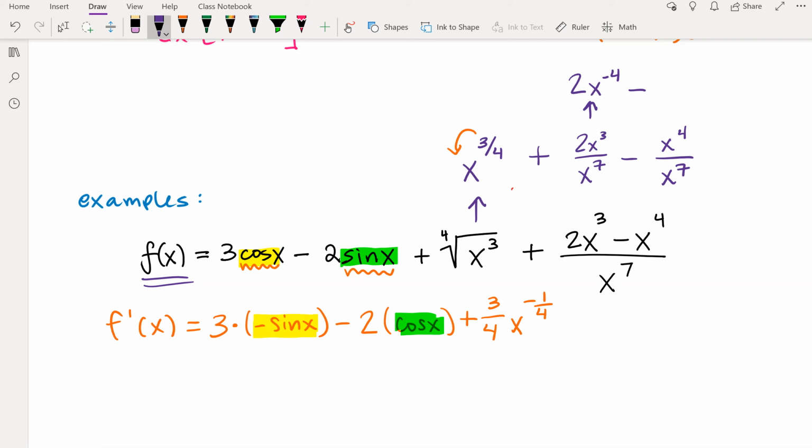So now minus x to the 4th over x to the 7th. Remember, you subtract these. So you do 4 minus 7 to get your new exponent. That's -3. So we have x to the -3. And I did 3 minus 7 here to get to the x to the -4th. Okay, now let's take derivatives of these.